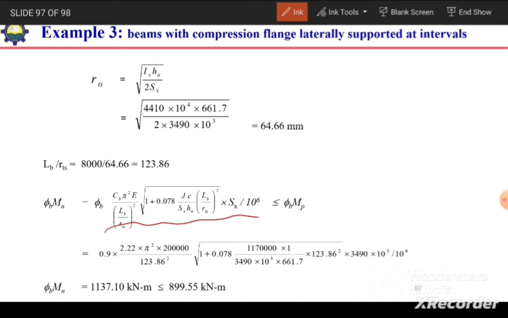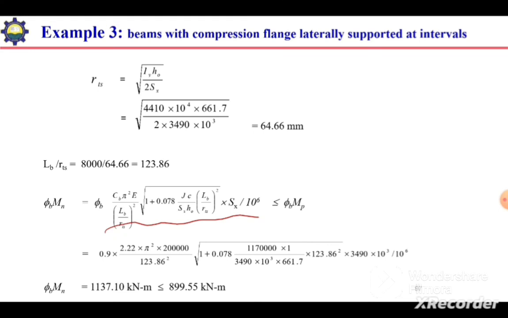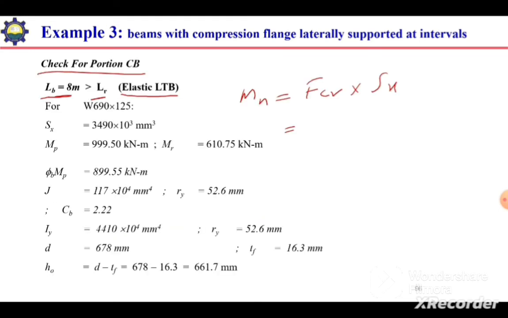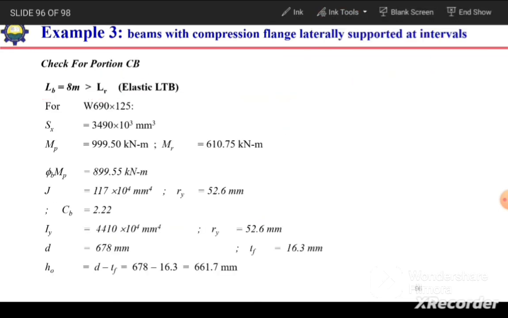For that we need to calculate all these factors like rts, Jc, Sx, ho, LB to calculate the moment capacity. One by one we will calculate all these factors, or we will select these factors from the properties table. First of all, Sx, the elastic section modulus, we can select from the properties table for our section 690 into 125. Then we need to calculate this Mp.